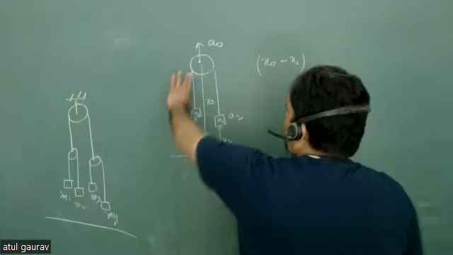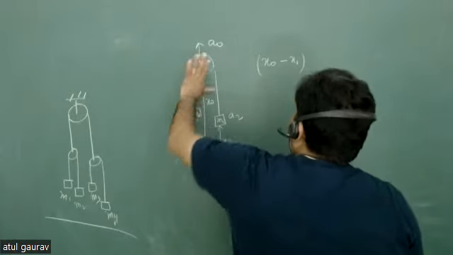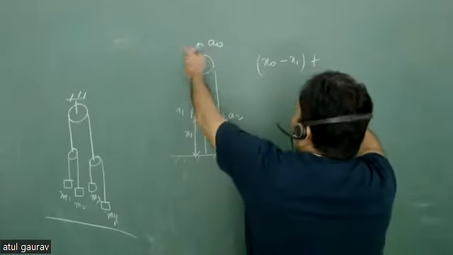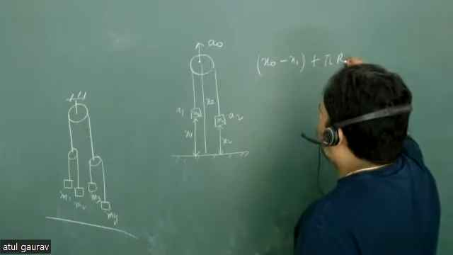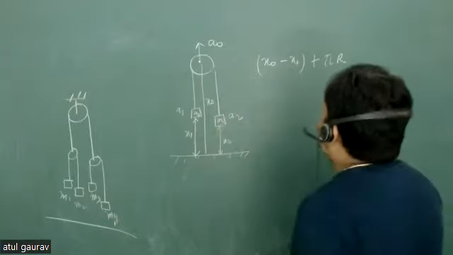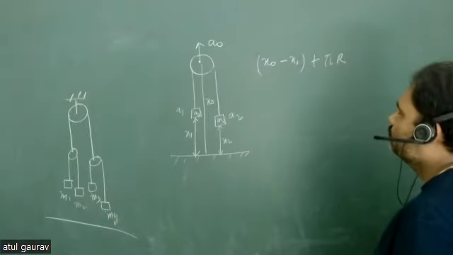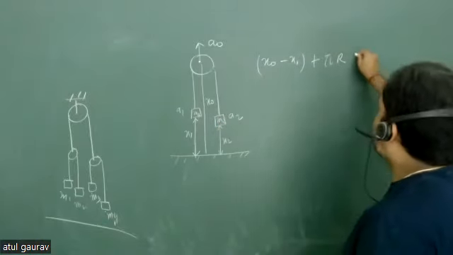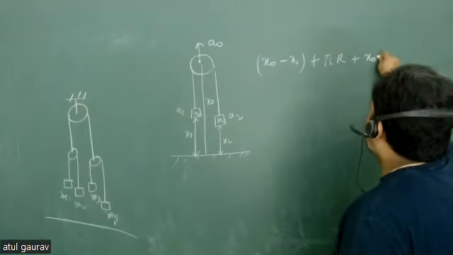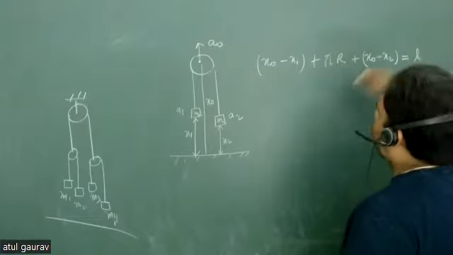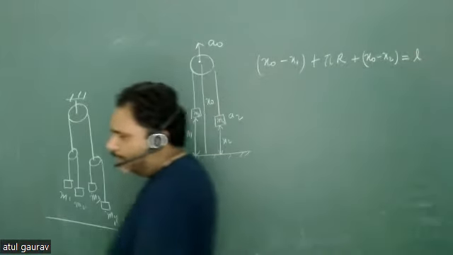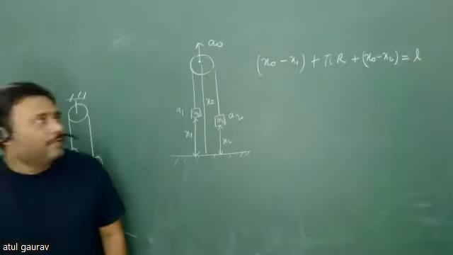Are you people happy? What will be this distance? x0 minus x2. Very good. So that value is equal to x0 minus x2 and that value is equal to L. Everyone is comfortable?